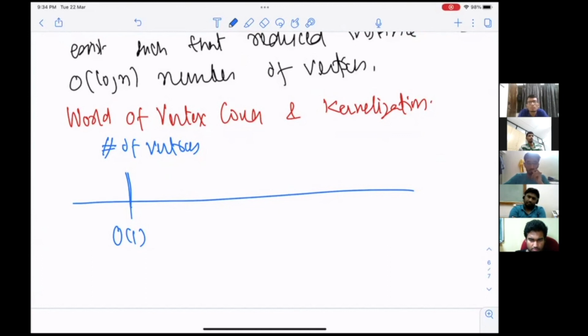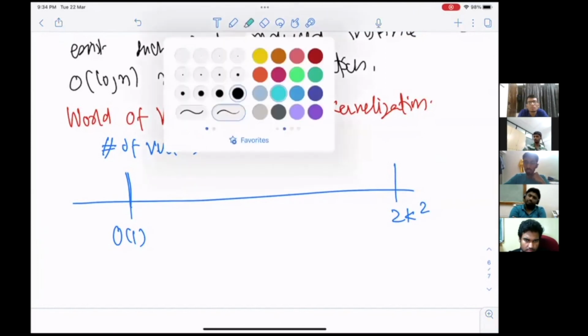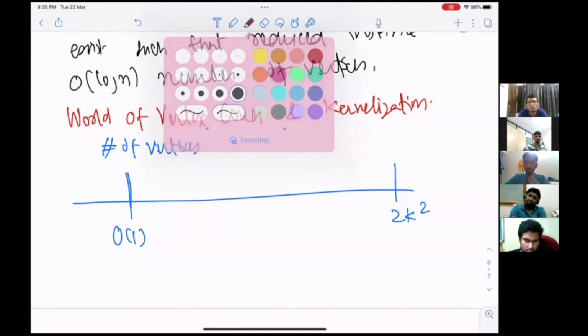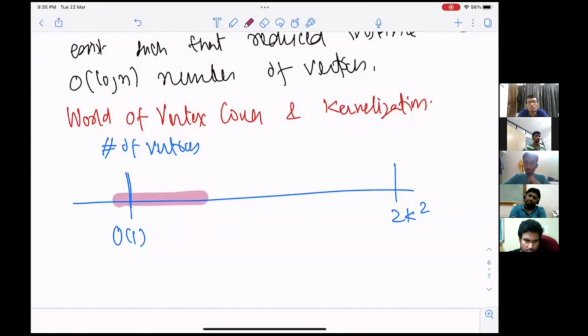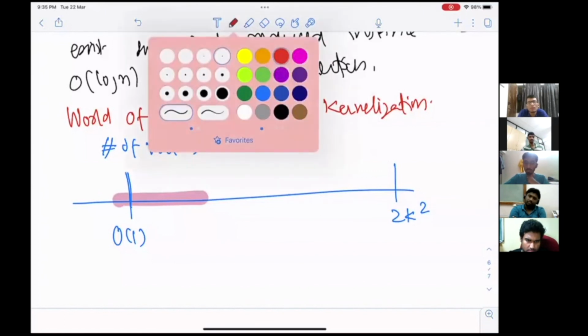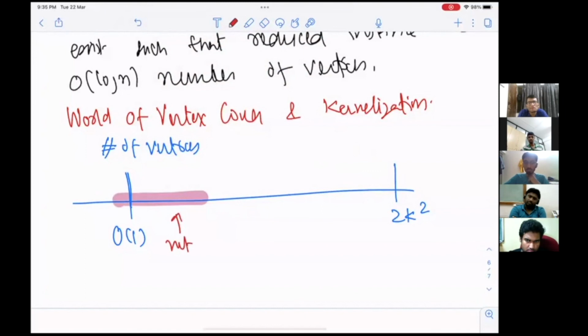And now we were able to come up with 2 to the power k squared. So now I want to come up with a polytime transformation that reduces the number of vertices. Somewhere here is a no-go, not possible unless P equals NP.